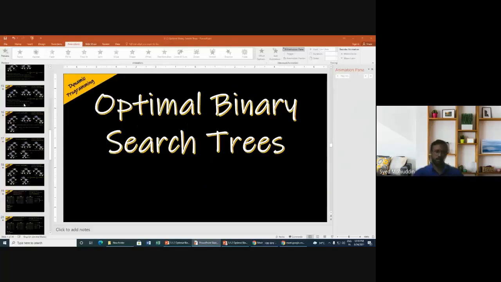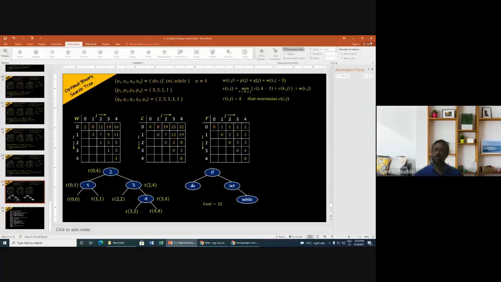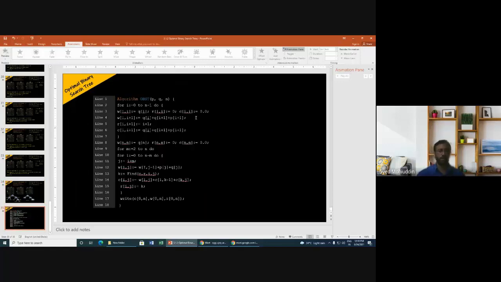The algorithm is given in the textbook, and it is much easier than the complex way we are computing. The algorithm has an array, the matrix for W, matrix for R, matrix for C, and it's all going to have for loops, and we use a condition to find which k is minimum, and then fill up all the values.